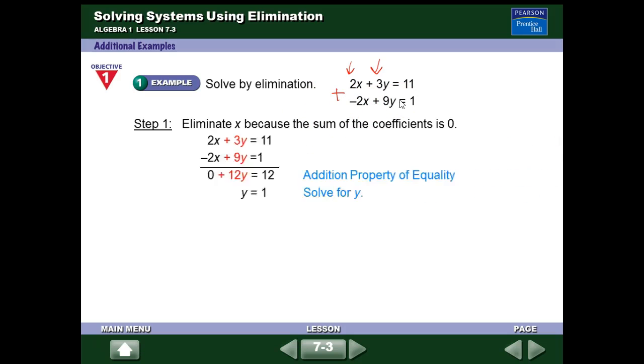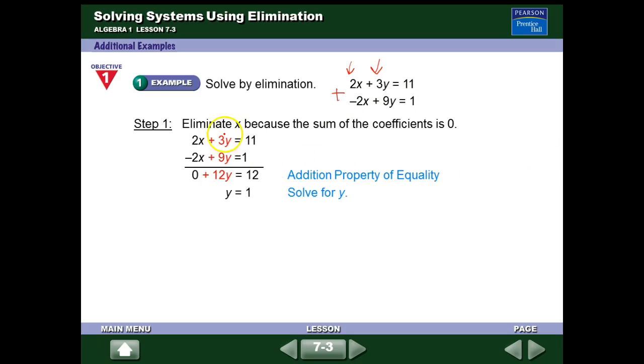It's going to give us that 0 coefficient. As you can see here, they took the first equation and added it to the second equation. So 2 plus a -2 gives you 0, 3 plus 9 gives you 12, and 11 plus 1 gives you 12. So we get left with 12y equals 12.